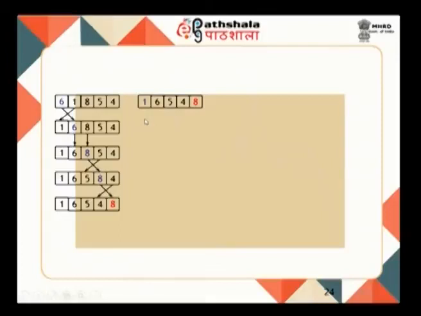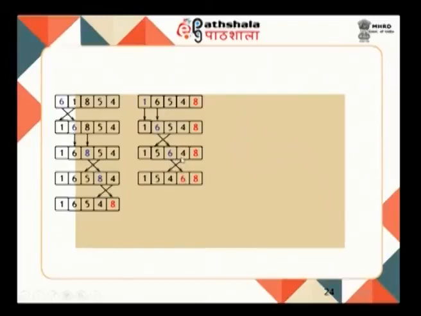Now in the next phase I will start again and check whether the numbers are in the correct order. If the order is not proper, then I am going to exchange these two. Again this is not in order, so I am exchanging. Now I can see that 6 has bubbled into its correct position.